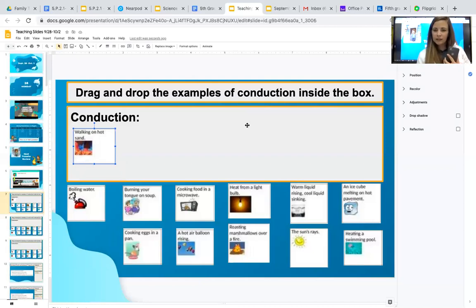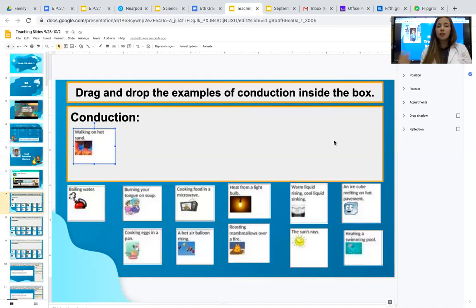Mackenzie, give me another example of conduction. Boiling water. Okay, this one's a little tricky. Since this does not say boiling water on the stove, we can't guarantee that it is conduction because it doesn't say where or what is on something else.